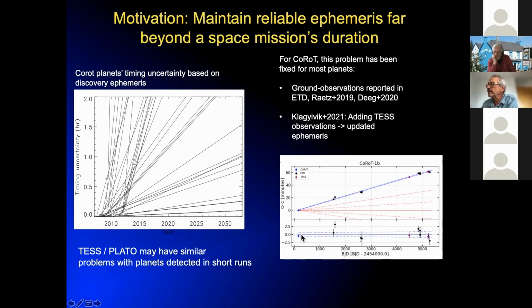Again, down there we see the O-C diagram of a revised ephemeris based mainly on the TESS observation. TESS actually observed it twice. For these types of observations, the ETD observations by amateurs and by professionals are very useful. And this is important in order to reobserve interesting cases, and of course with the James Webb or any other large telescope.